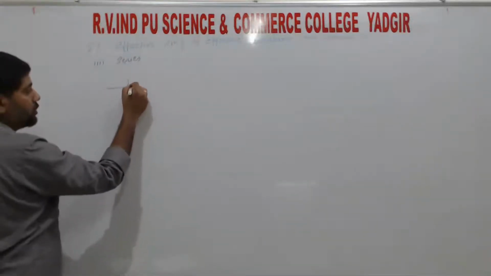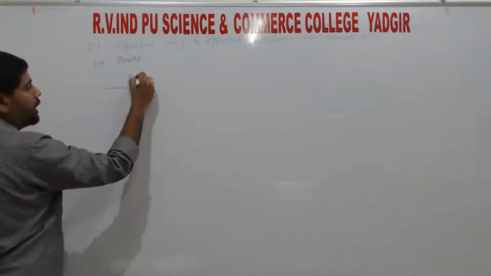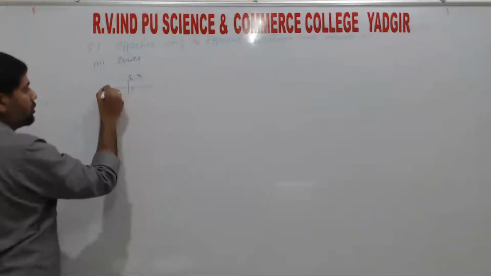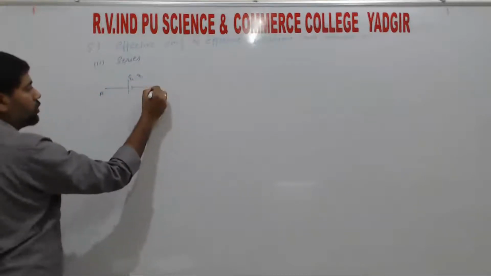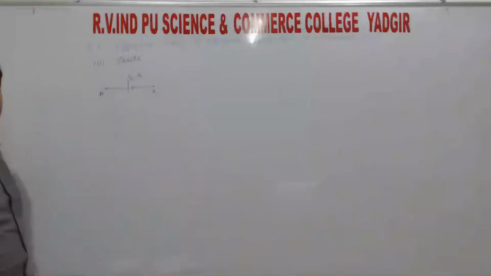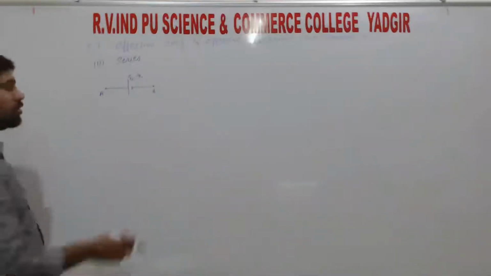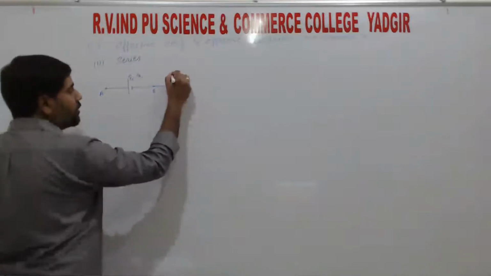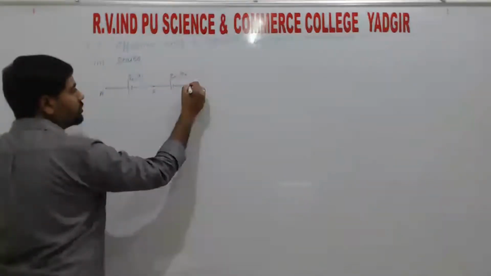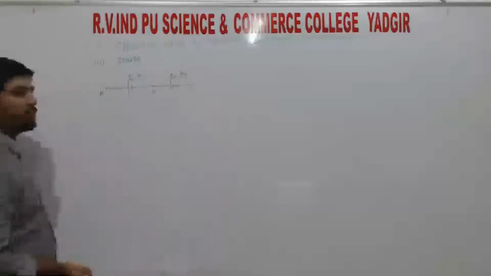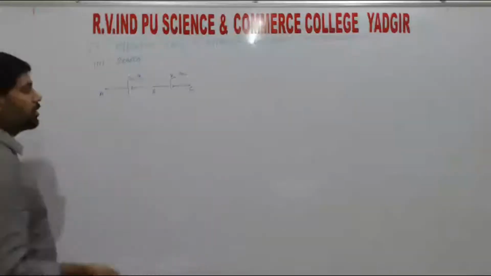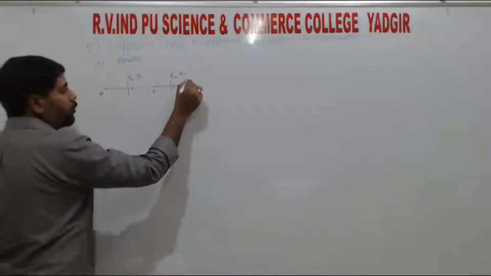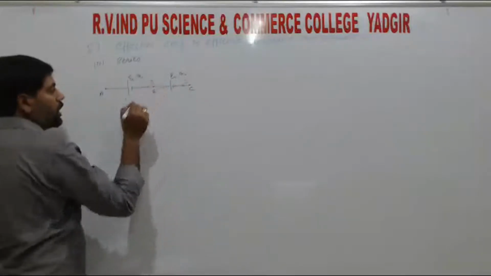So consider cell E1 internal resistance R1, so potential that is across A B. So V is the potential across AB, that is VAB, and connect one more cell which having EMF E2, so that is B and C. So I is the current which is flowing in the combination, right?